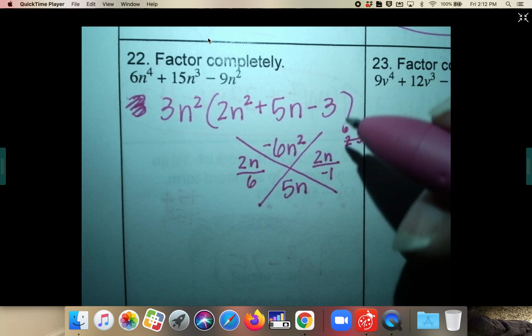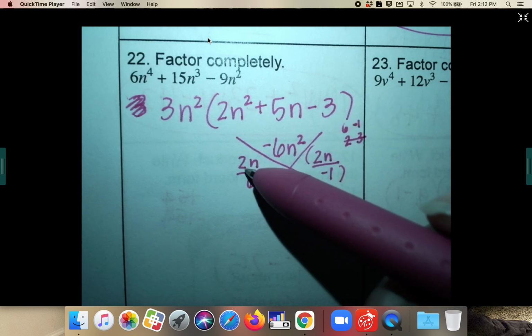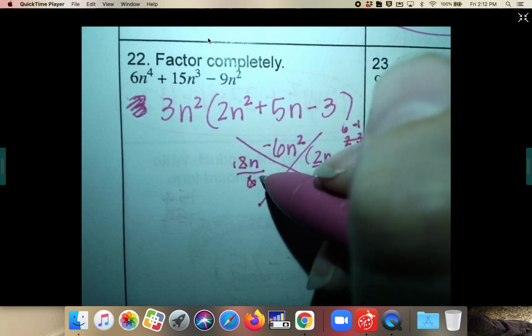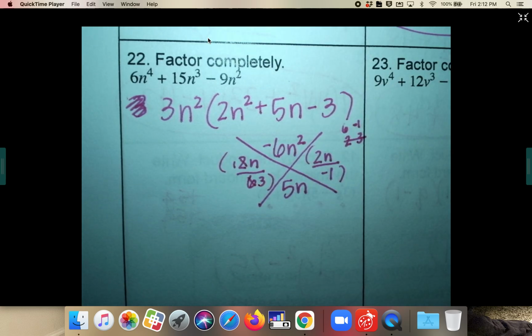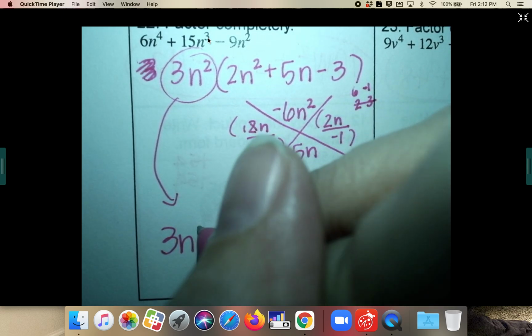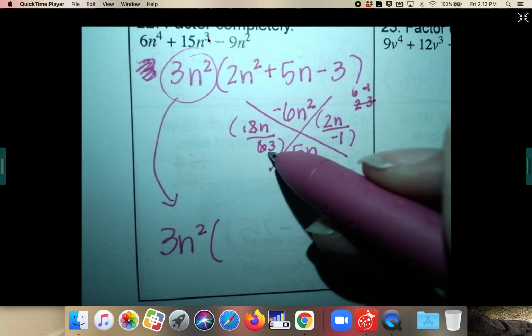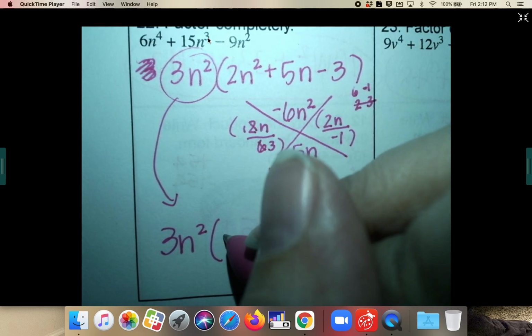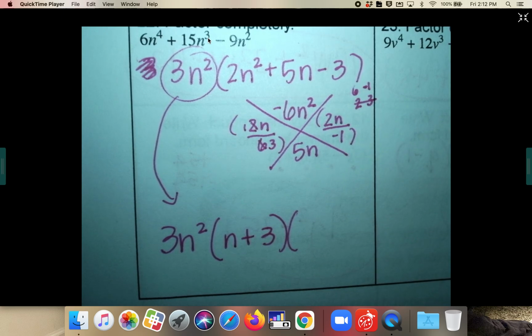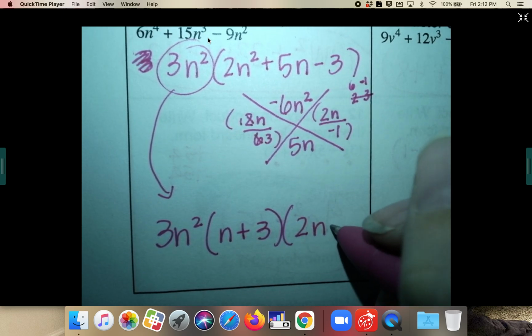These won't simplify, so it's done. These will simplify. They both divide evenly by 2. And then it's done. So my final answer, I have to bring down the 3n squared. Don't forget about that guy. And then you have your first set of parentheses, which is n and plus 3. And then you have your second set of parentheses, which is 2n and minus 1.